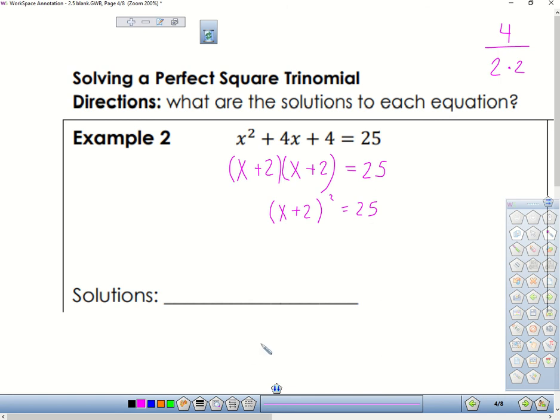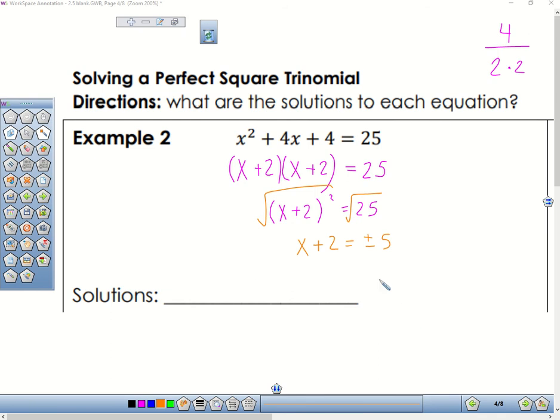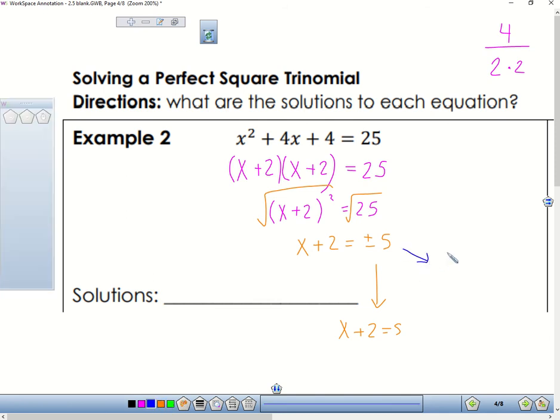Now, in math, how do we typically get rid of a second power? Square root. Good. We take the square root, and what we do to one side, we have to do to the other. So that's going to leave me with x plus 2 is equal to plus or minus 5, right? Now, in math, whenever you get that plus or minus, that basically means you're going to have 2 equations, okay? You're going to have one equation where you have the regular 5, and you're going to have another equation where you have the negative 5.